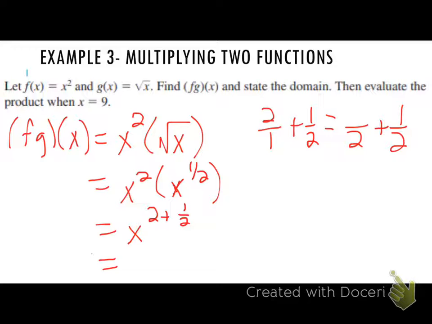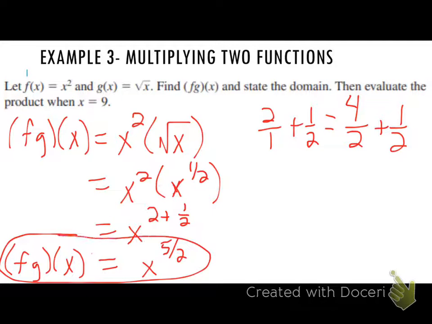What's my new numerator over my first fraction? 4, right? Multiplied 1 times 2 to get to 2. So 2 times 2 give me 4. What's 4/2 plus 1/2? So I get x to the 5/2 power. That is f times g of x. Questions on that one? We good?